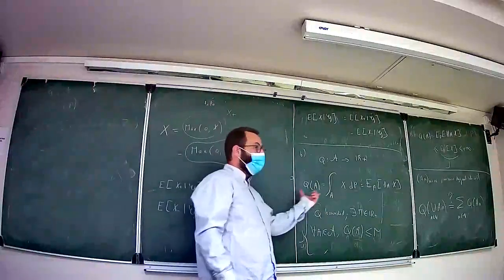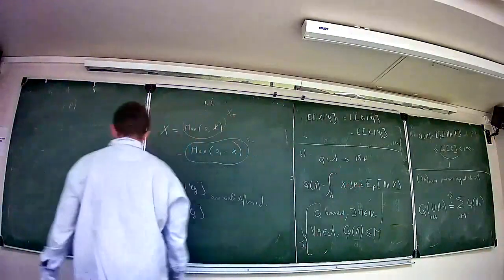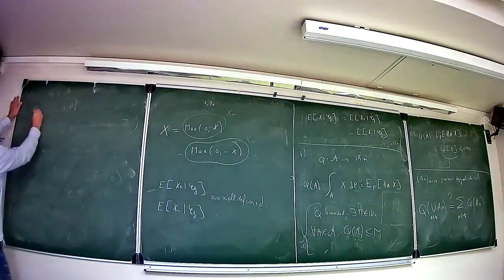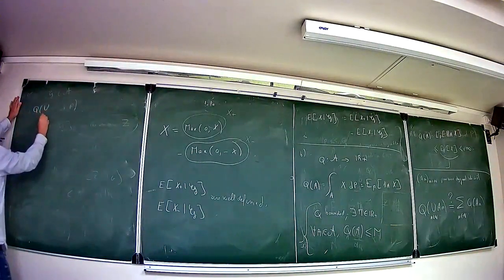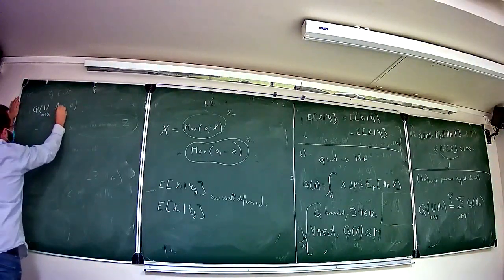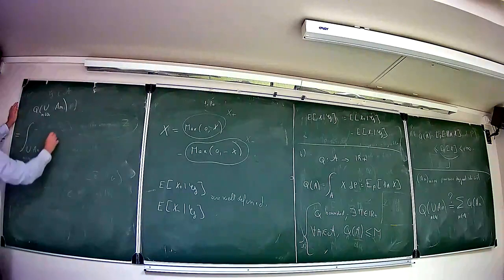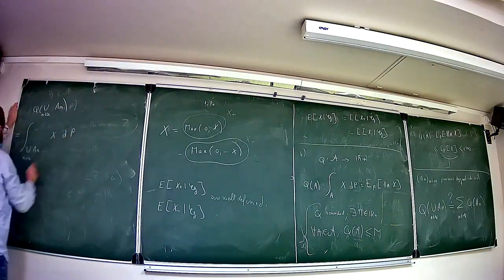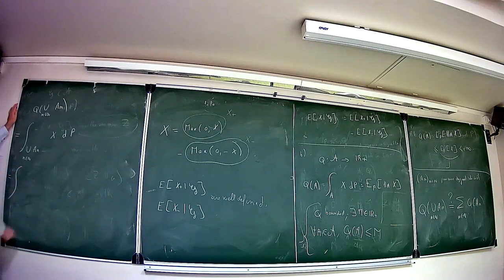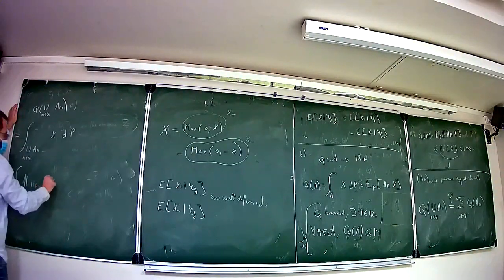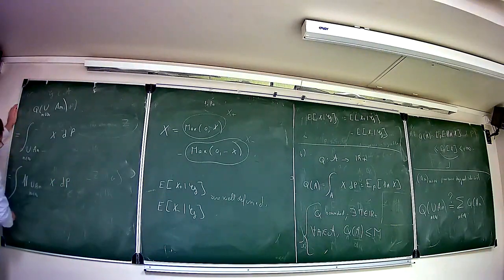I take my definition and I see what happens. What is Q of the union? Q of the union is just the integral over the whole omega of the indicator function of the union times X dP.